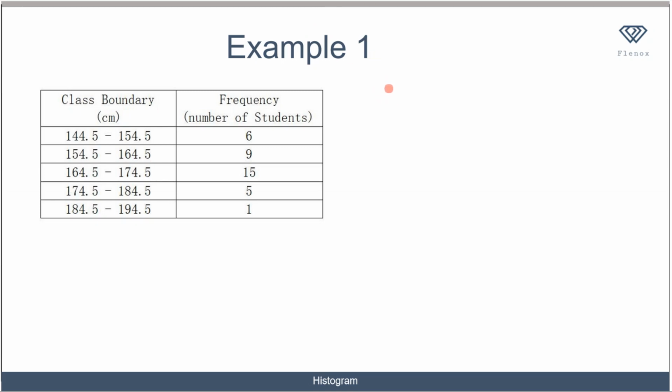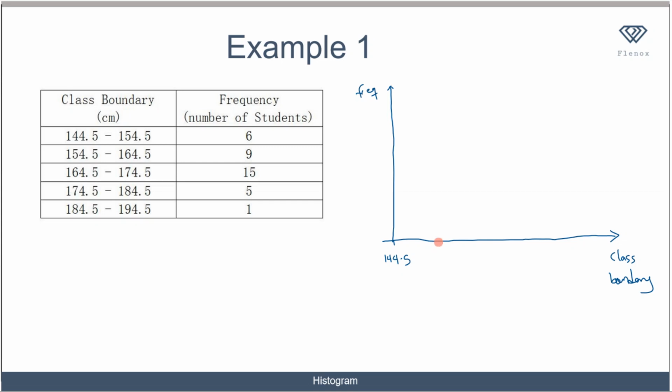So the way we do that is we have our vertical axis as usual, which represents the frequency, and we have our horizontal axis, which in this case represents the class boundary. So for our class boundary, we start out from 144.5.